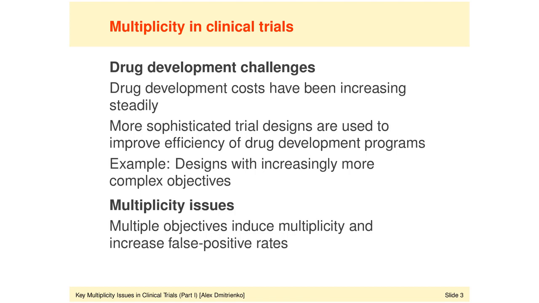Instead of a single patient population, the efficacy and safety profiles of new products are now evaluated in multiple populations that are defined using, for example, pharmacogenomic markers. All of those new trends in drug development give rise to more complex multiplicity problems. And all of those sophisticated designs and analysis methods lead to potentially higher false positive rates.